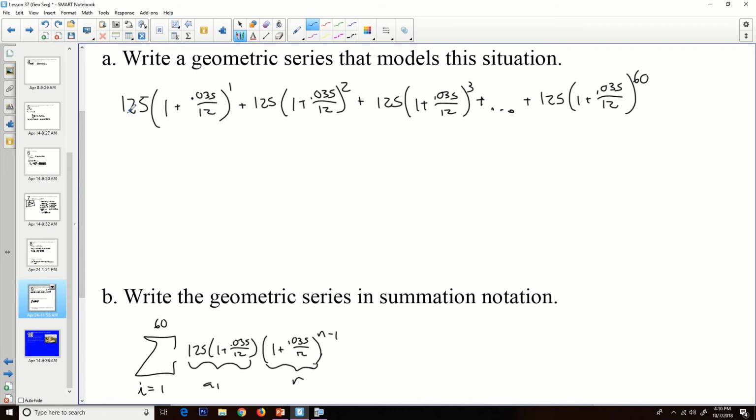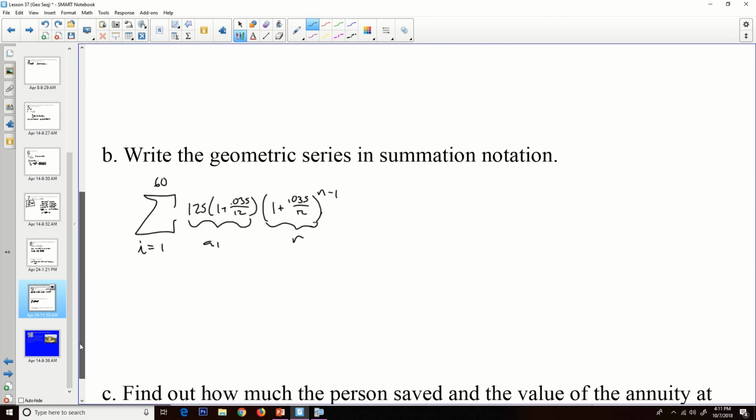When n is 1, you get a 0 exponent here, so this entire value becomes just 1, and that's the original one. And when n is 2, you've got this to the first power times this again, which gives me a squared value there. All right, there's part B.